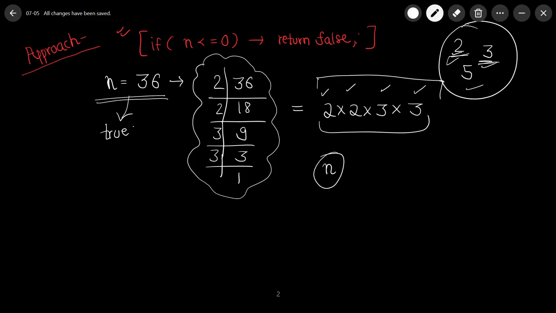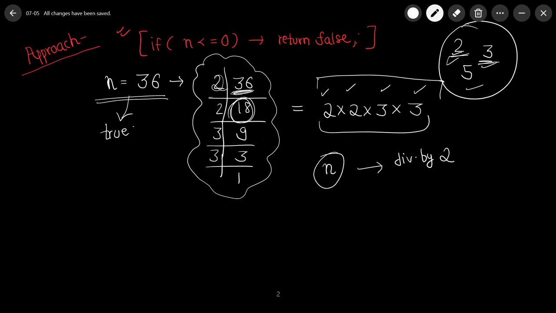Whatever number we have, we would first check if it's divisible by 2. Like here we checked, right? 36 was divisible by 2. That's why we divided it by 2 and found the quotient. So I would do that here also.